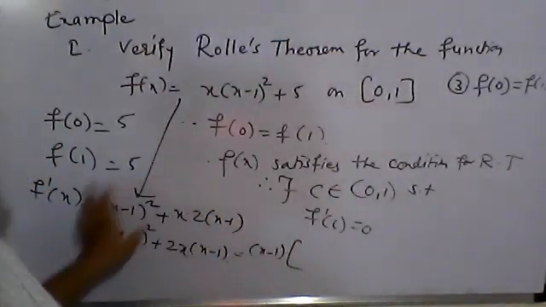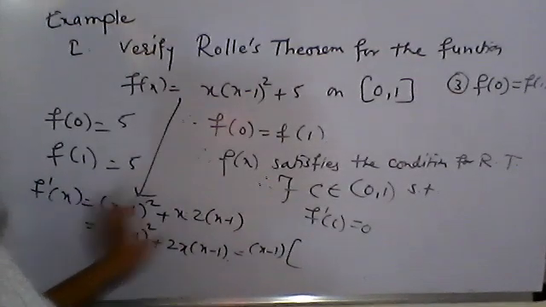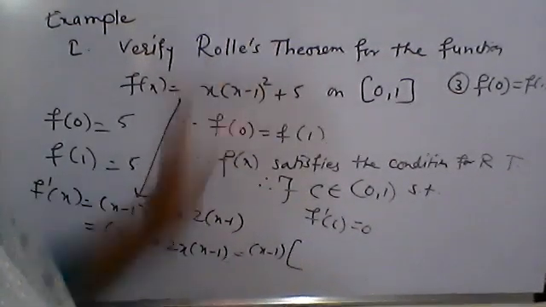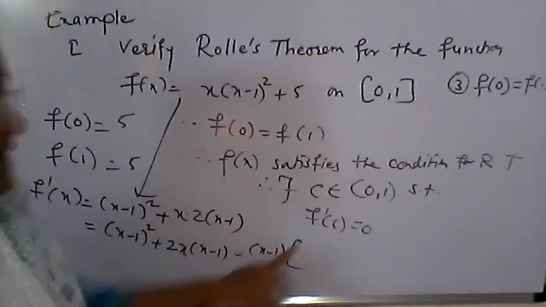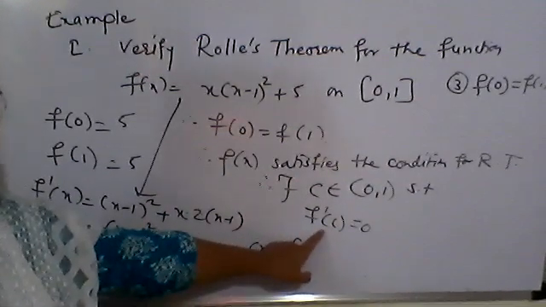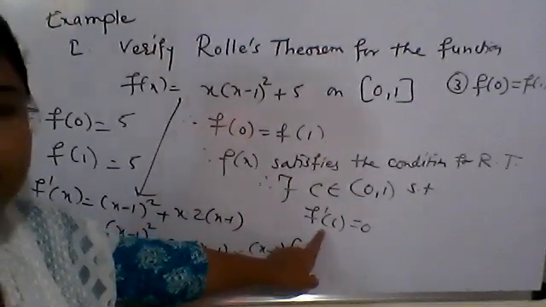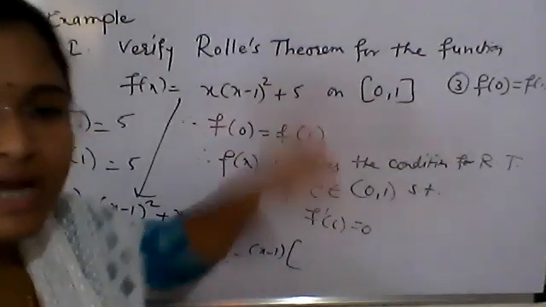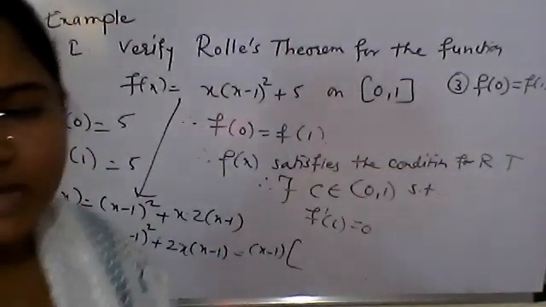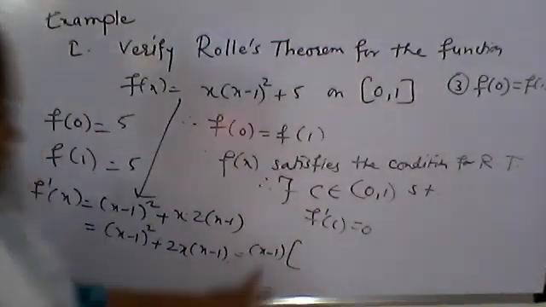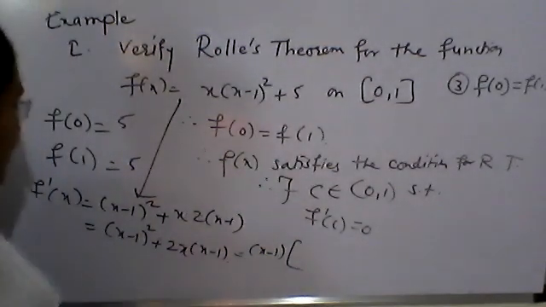Now what we'll do, we'll find the derivative of f of x. You can find it by taking any of the functions. Now we have to find the value of C. So before this, we'll find the derivative at x, then we'll replace x by C, and then we'll find the value of C. Are you getting? Okay, so what I have done: x minus 1 we can take common from both.